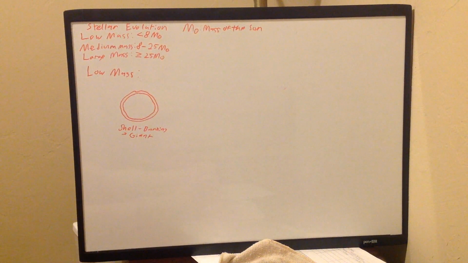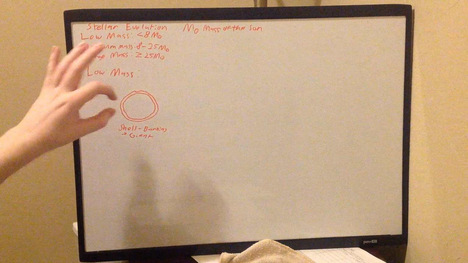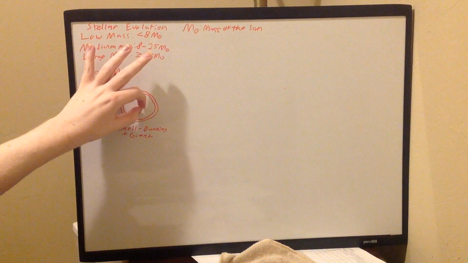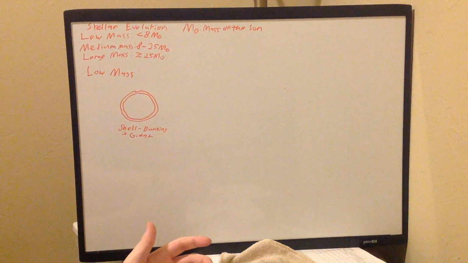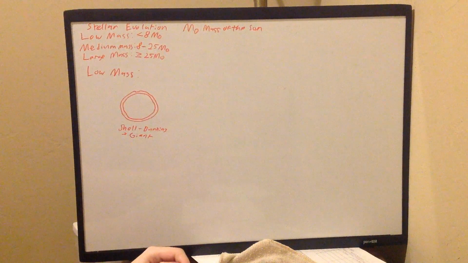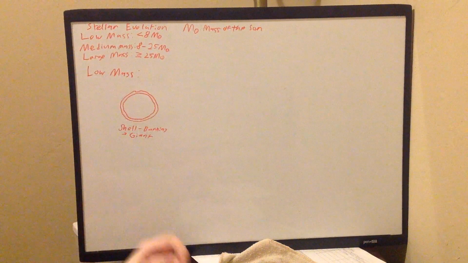The core has plenty of helium, but it's never been able to burn helium before, but it can now, right here in the center. And now it's got another source of energy, the hydrogen shell on the outside and the little bit of helium burning in the middle.